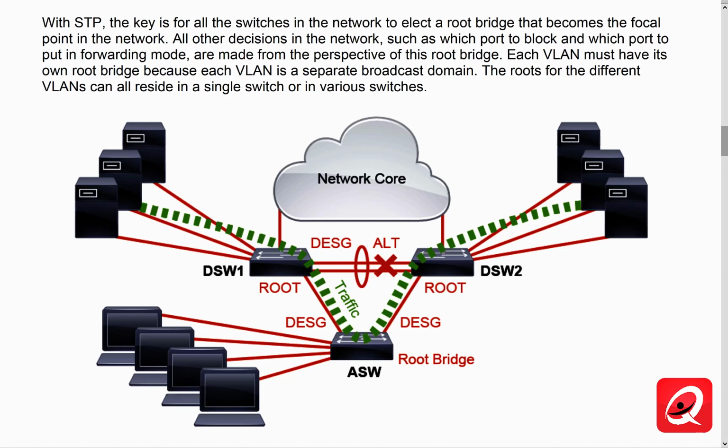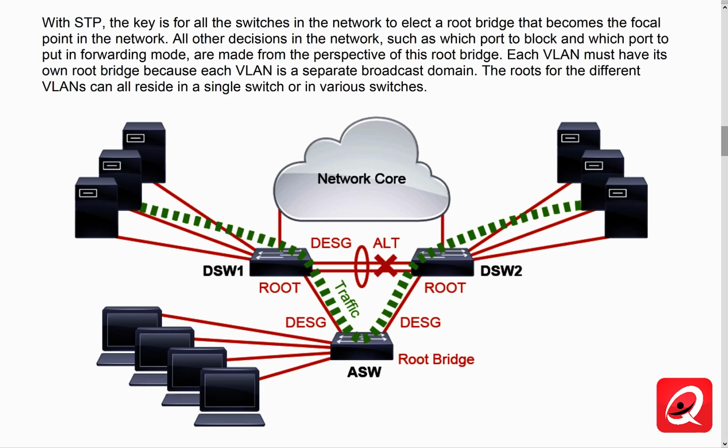There is some kind of conception that somehow traffic in the network has to flow through the root, and that's not true. The root doesn't necessarily have to be a central switch, but depending on where the root is placed, it can change how traffic is flowing through the network.